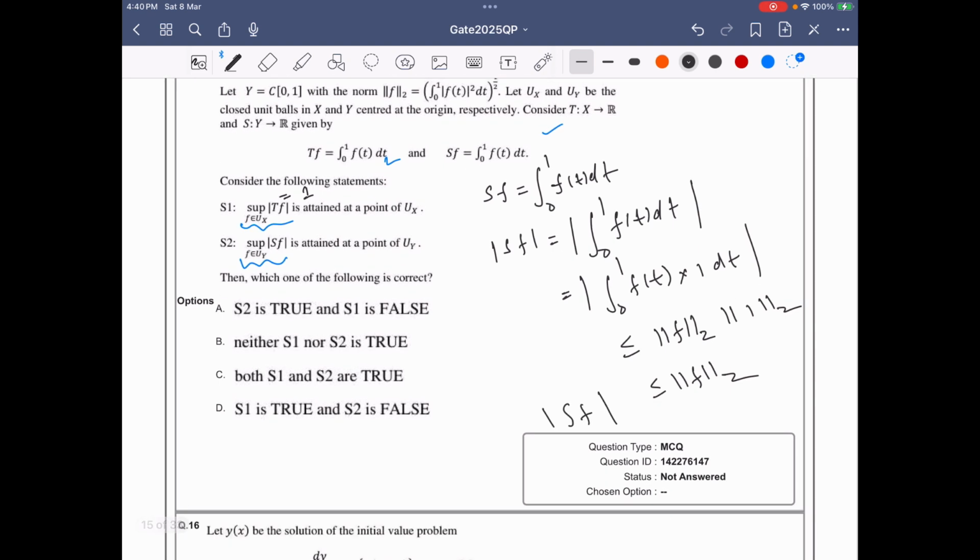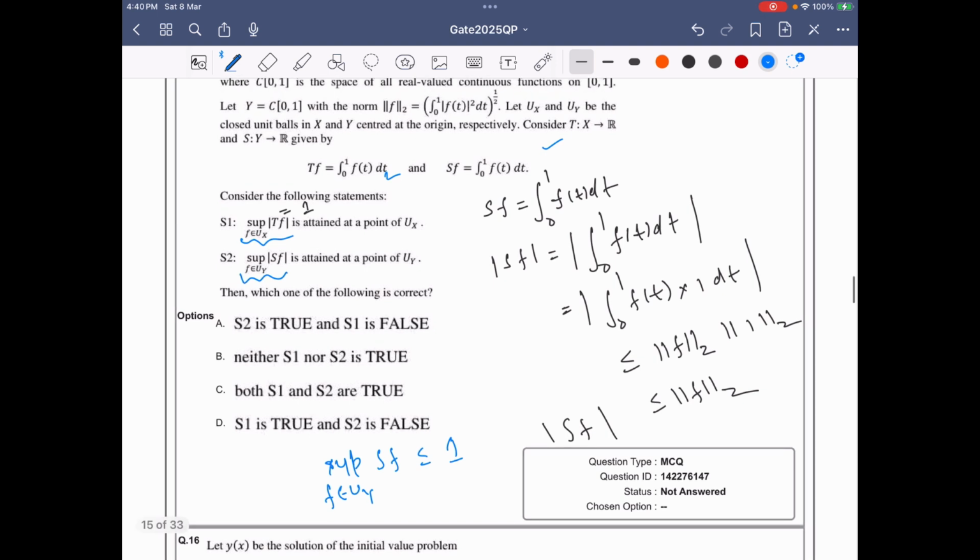So if you look at the supremum over all those f coming from Uy of Sf, here also this is less than or equal to 1, because for any f in Uy, its 2-norm is at most 1.